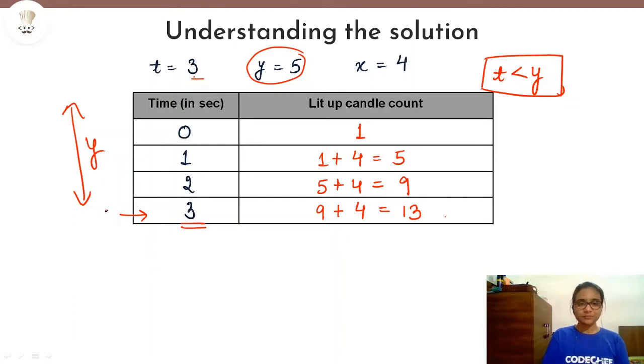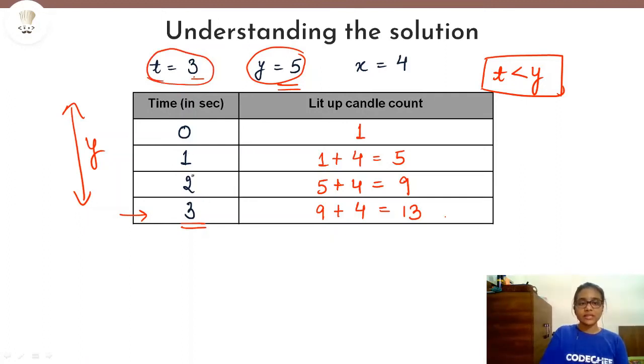So as you can see here, for the first y seconds, meaning the first 5 seconds, none of the candles will get extinguished, and before that, at t equals 3 seconds, the chef's girlfriend has arrived. So that is why our answer depends on only these t seconds.